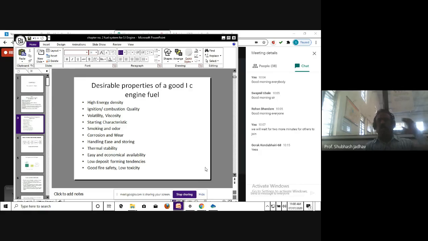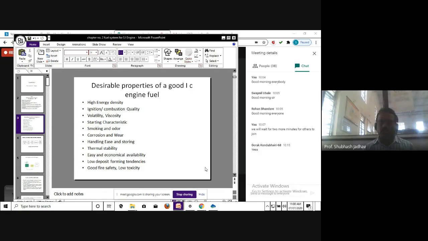So there is the ease of availability, and it should be more economical also. It should not be very costly. Take the same example of coconut oil converted into biodiesel and used in the Himalayan region. We have to get the coconut oil from the coastal areas, convert it, and then transport it to the Himalayan region.